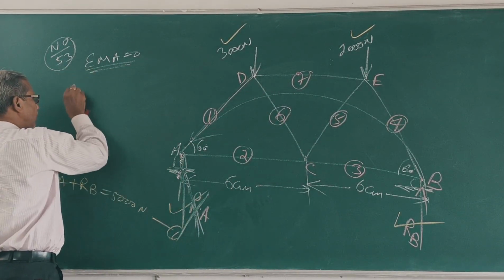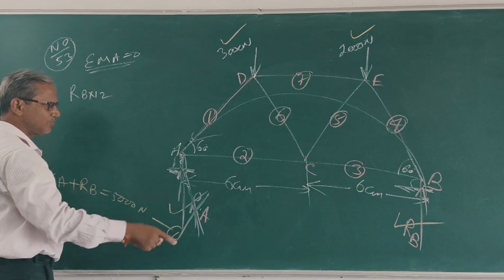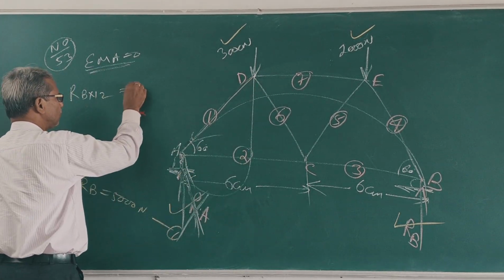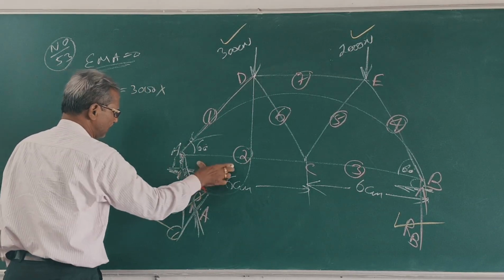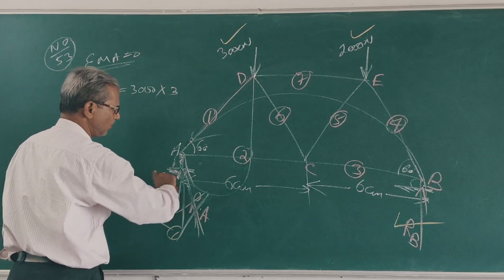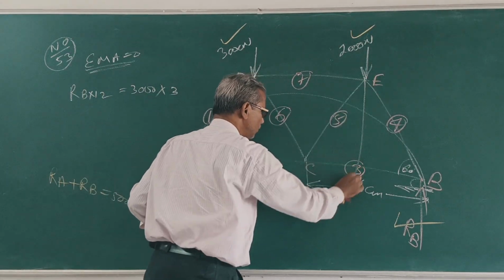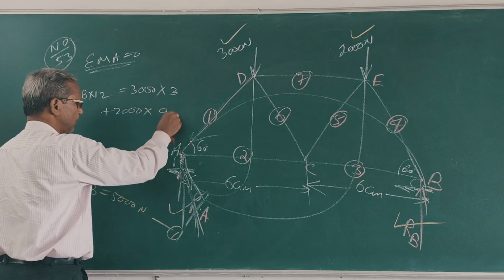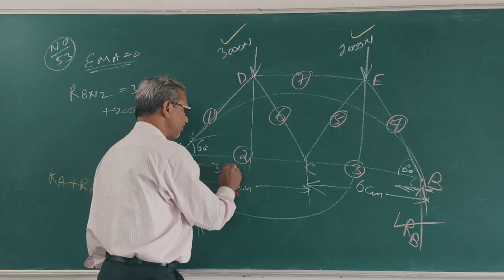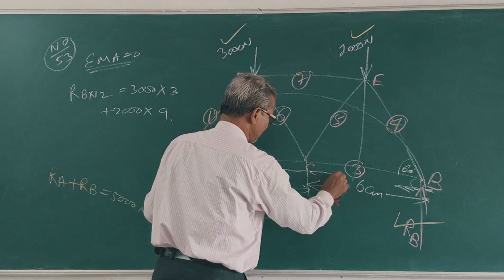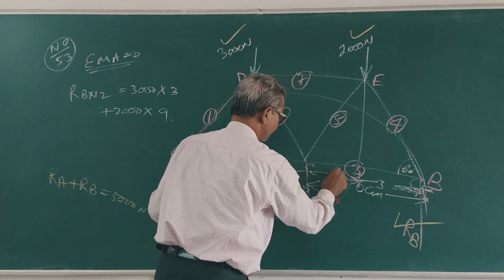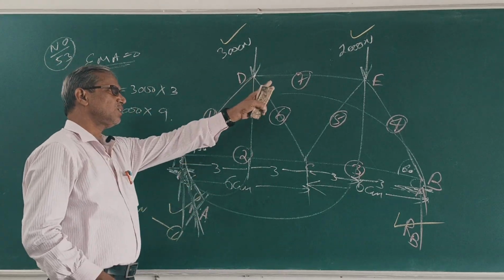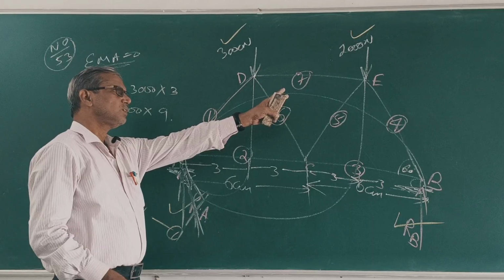RB into 12 is equal to 3000 into what is the length? 3, plus 2000 into 9. Clear? This is 3, this is 3, this is 3, this is 3. So RB into 12 is equal to 3000 into 3 plus 2000 into 9.